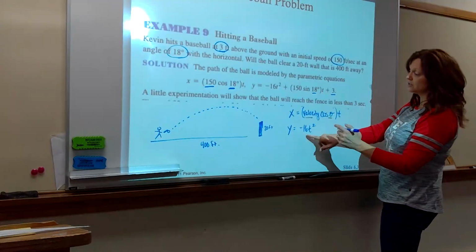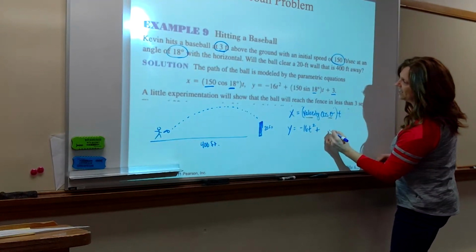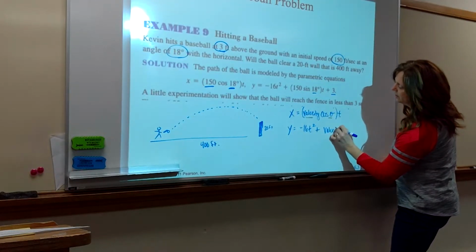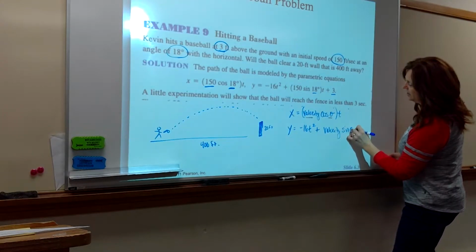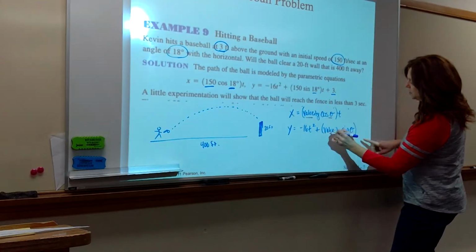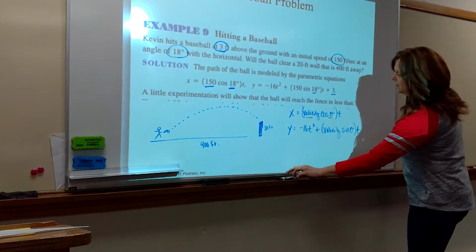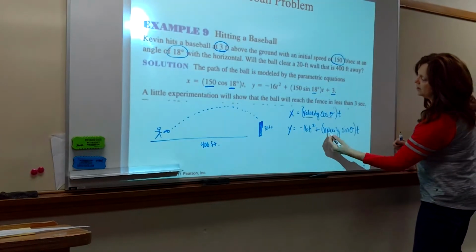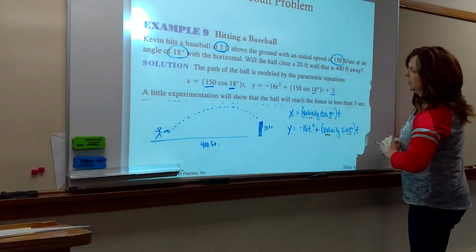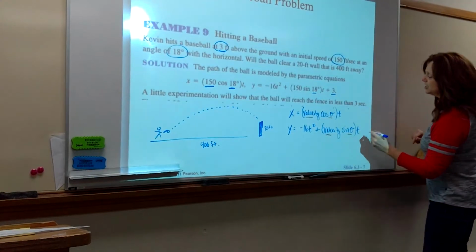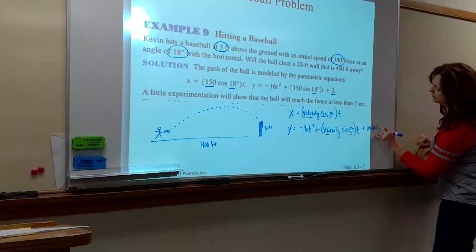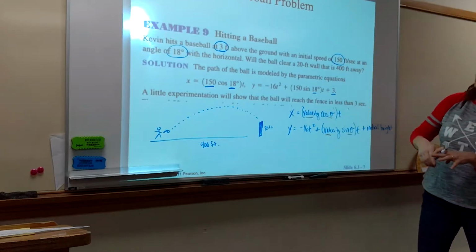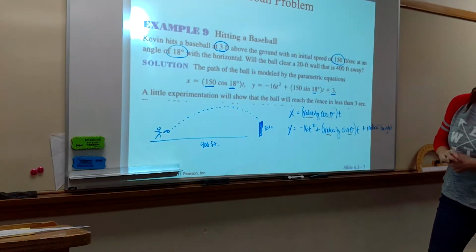That's gravity, that doesn't change, plus the velocity again, how hard you're hitting it, times sine theta. Here again is where you substitute in for your velocity and your theta. And then it's plus the initial height. It might be on the ground, so that's a 0. Here it's 3 feet off the ground, so it's 3.